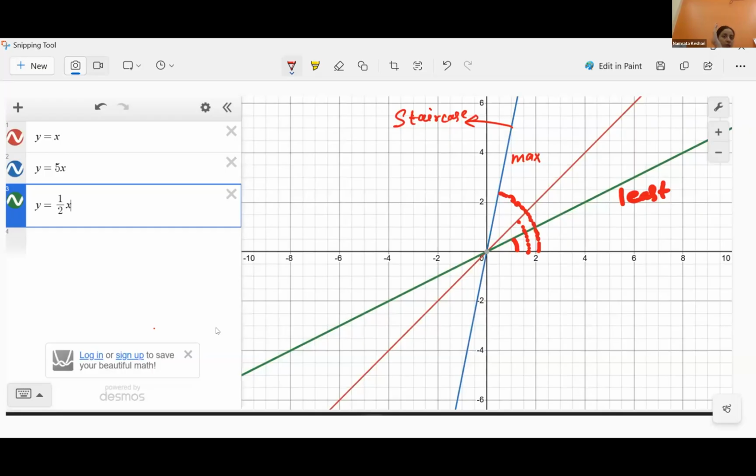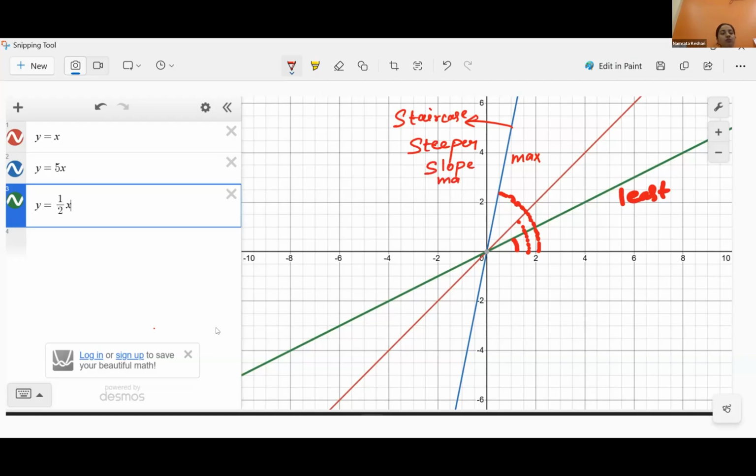The more steep this type of staircase you have, the more careful and balanced we have to be while climbing it. This line is much steeper than the other two lines. This line's slope will be the maximum.